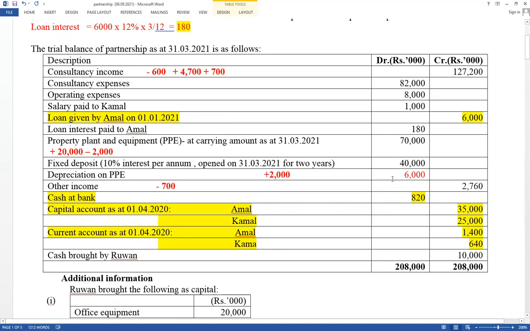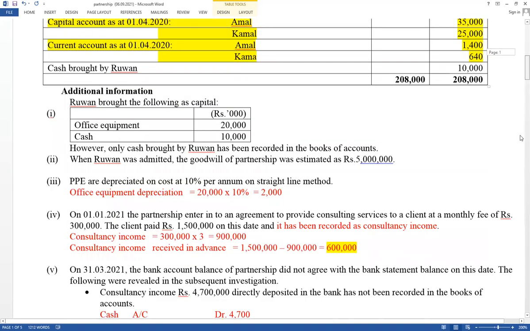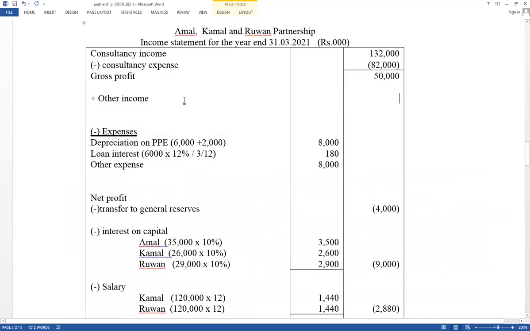Then think about depreciation, which we have discussed. And think about the other income correct value. 700 should be deducted. Therefore, the correct value equals 2,060, which should be included under income in the income statement, in the last column. The trial balance shows 2,760, but it includes consultants income, so 700 should be deducted.